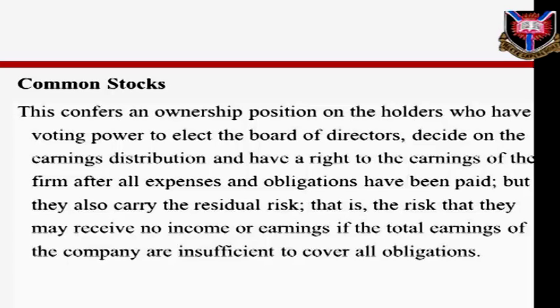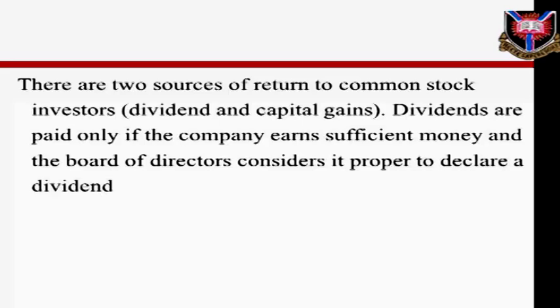But they also carry the residual risk, that is, the risk that they may receive no income or earnings if the total earnings of the company are insufficient to cover all obligations. There are two sources of return to common stock investors: dividend and capital gains.